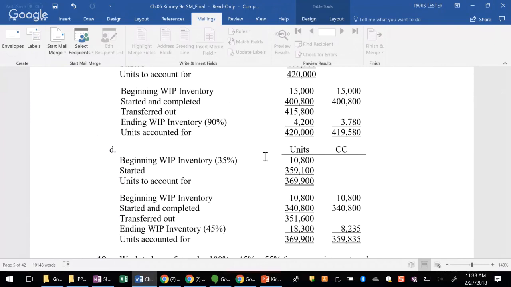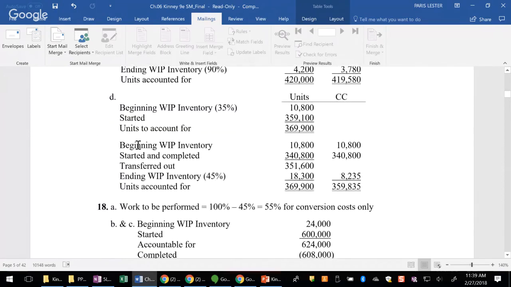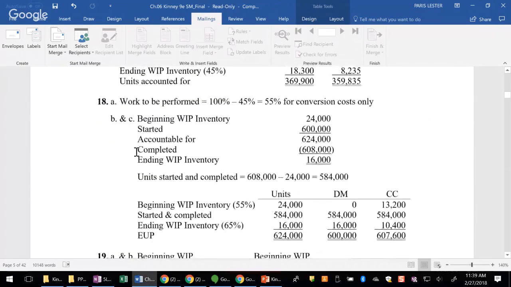Okay, now 18, we're getting into FIFO, and it says what proportion of work needs to be performed in the beginning inventories. And it says use exercise 15 and what are the equivalent units of production for materials and conversion costs. All right. I'm just going to look at this one pretty quick unless you have a question. Now, they use the format here the same way I do.